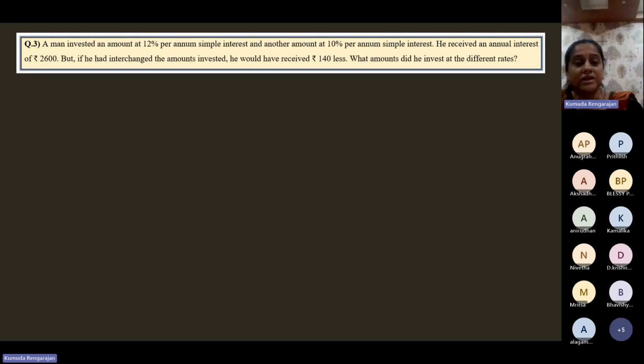But if he had interchanged the amounts invested, he would have received rupees 140 less. That is the simple interest received would have been 140 rupees less. What amounts did he invest at the different rates?